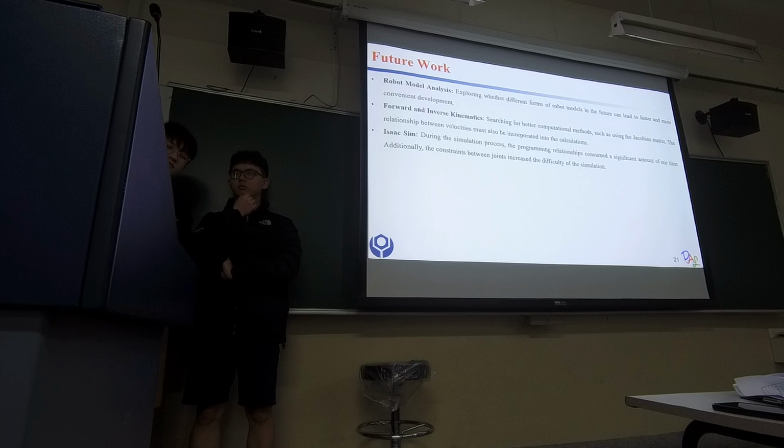This one is our future work. In the future, with robot model analysis, different robot designs can be developed faster and easier. Forward and inverse kinematics can use the Jacobian matrix to make calculation easier, and the relationships also need to be improved.